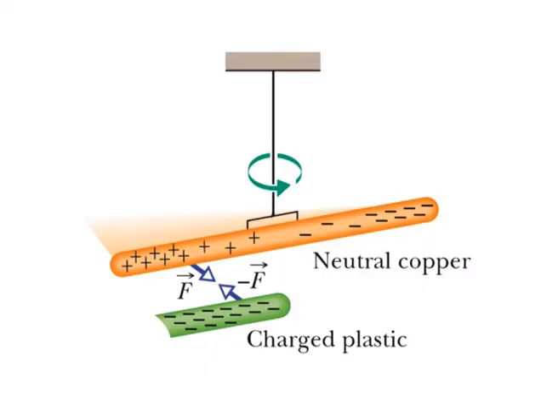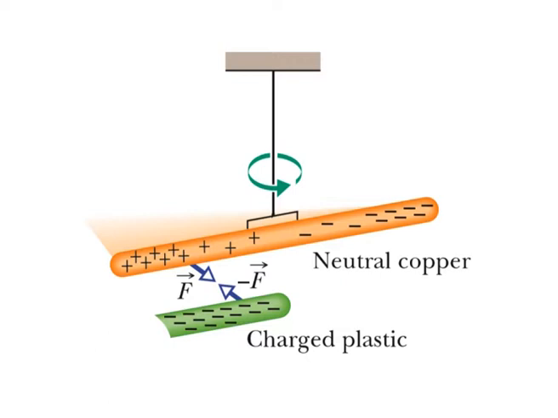Induced charge. This experiment demonstrates the mobility of charge in a conductor. A negatively charged plastic rod will attract either end of an isolated neutral copper rod. What happens is that many of the conduction electrons in the closer end of the copper rod are repelled by the negative charge on the plastic rod.